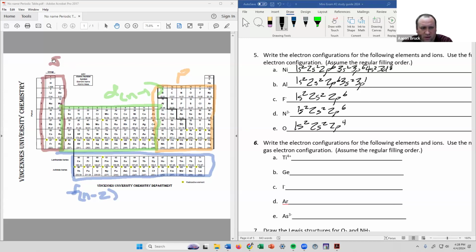So for the first one, we want to look at titanium. Titanium is right here. We want titanium 4 plus. When we come to transition metals, it's sometimes easier to take their configuration and figure out what electrons are going to go away. In the case of titanium, this is a noble gas configuration, so we go backwards to the nearest noble gas, so that's argon.